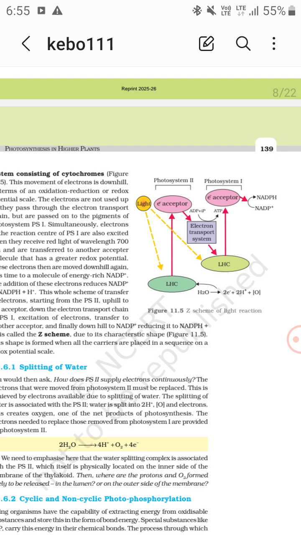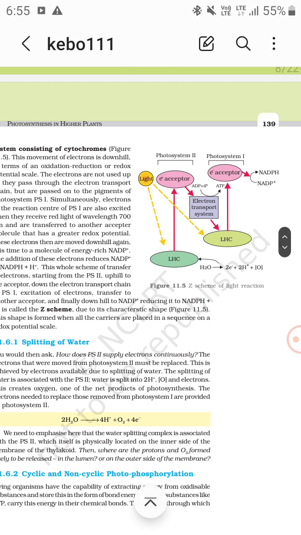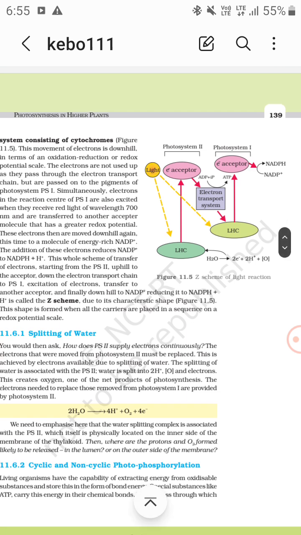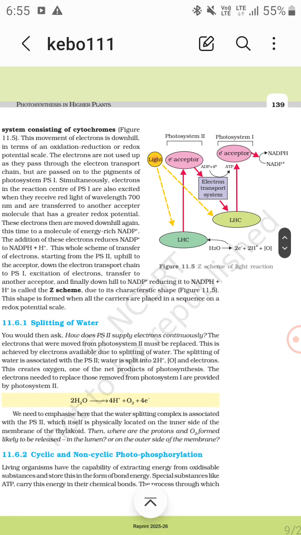Now water splitting is associated with the PS2 on the inner side of the lumen of the thylakoid. H2O gets converted into 2 electrons plus 2H plus oxygen. Oxygen gets released later, but the electrons get passed on to the electron acceptor.